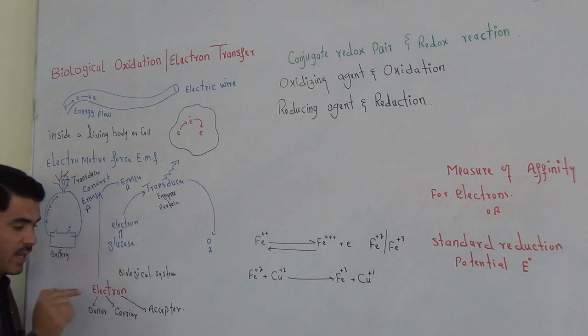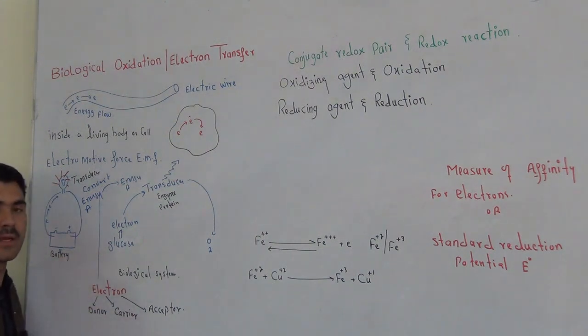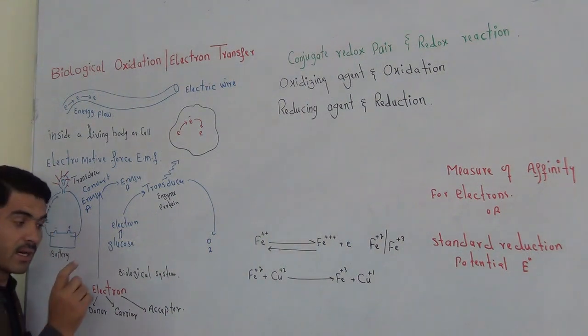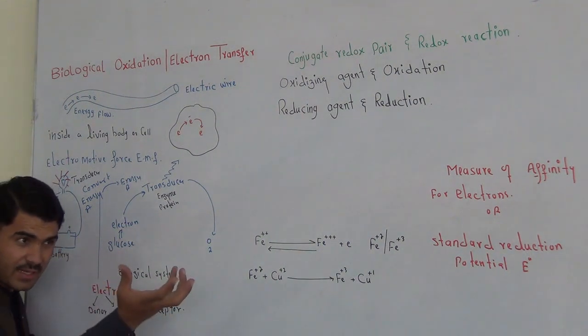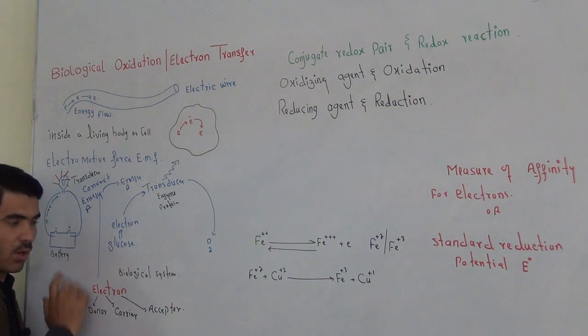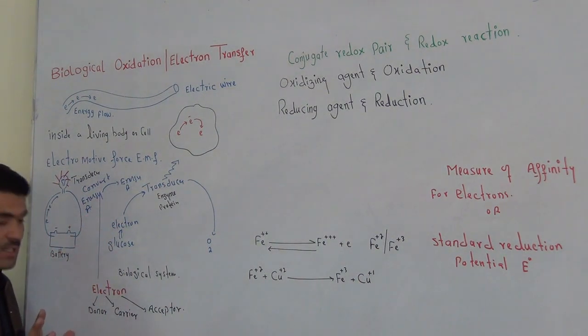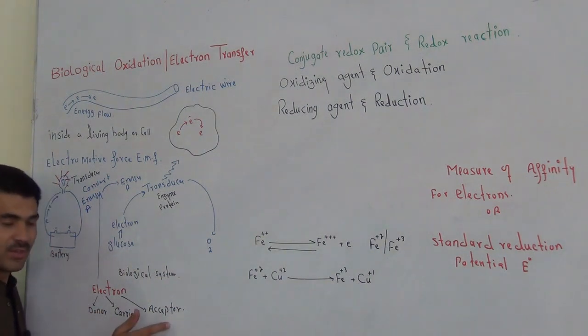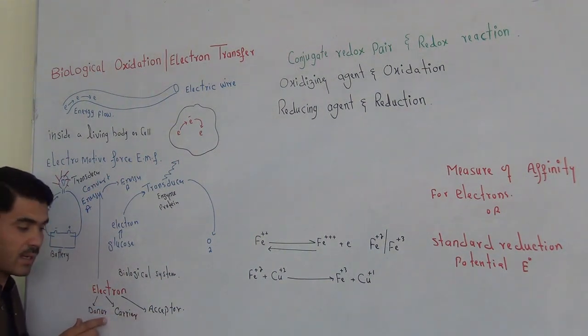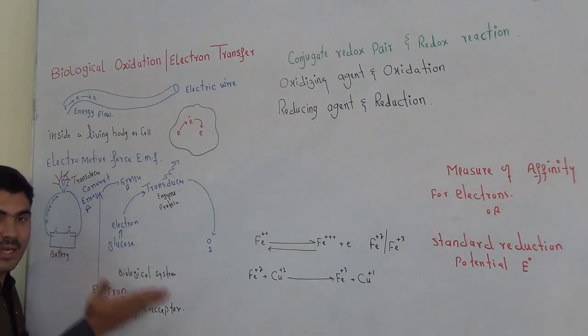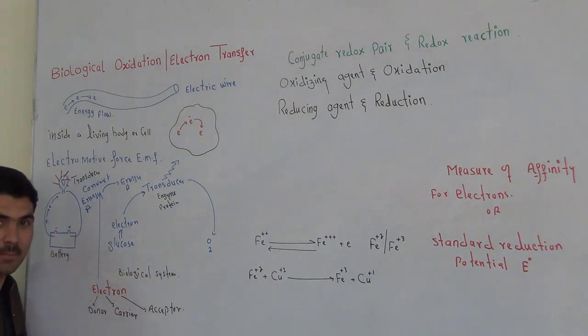You will find the electron carriers inside the living body, and of course you will find the electron acceptor that finally accepts electrons. Look, in all the topics of biological oxidation, you will find these three things: the electron donor will be there, the carrier will be there, and the acceptor will be there. So that was the concept of electron transfer.